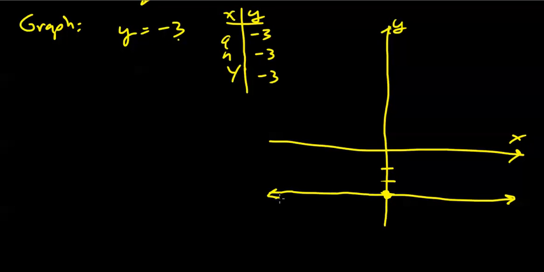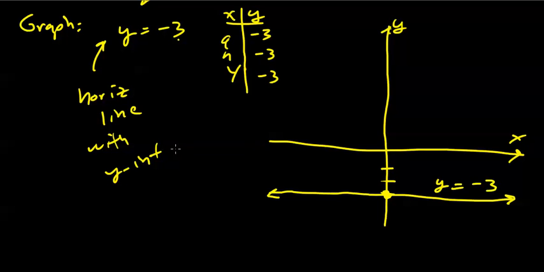In other words, y is constant. y never changes in this equation, so no matter what x is, y will always have a value of minus 3. So this is a horizontal line with a y-intercept equal to minus 3.